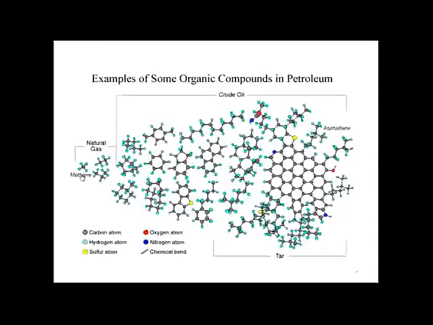We're going to talk about that later today, way at the end of the lecture. And then it's up to these very, very large molecules. The key is that the most dominant atoms making these up are carbon and hydrogen. Okay, so we've got simple molecules to complex in the crude oil.